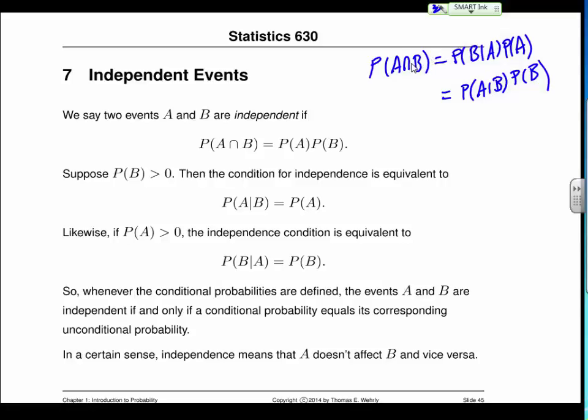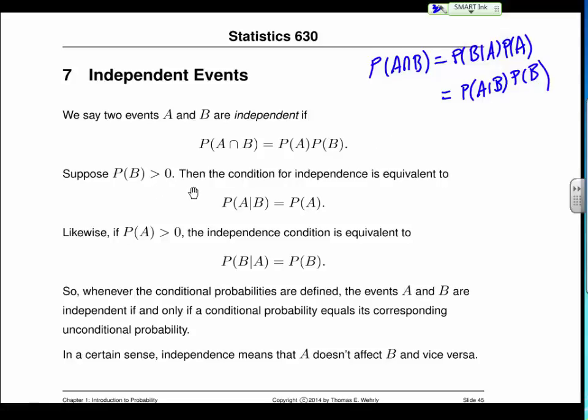And so the probability of A intersect B is equal to this, and is equal to this as well. But if they're independent, then we get rid of the conditional probabilities in the equality, and it makes for a simpler calculation.